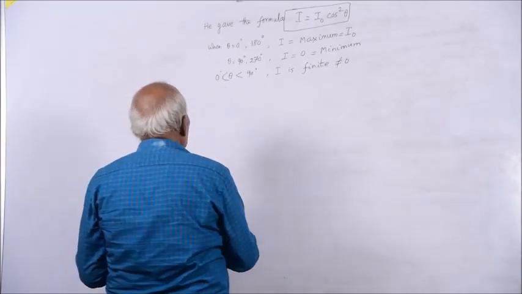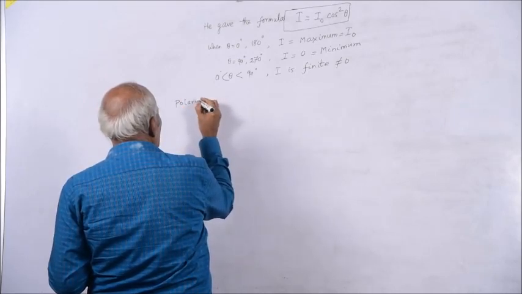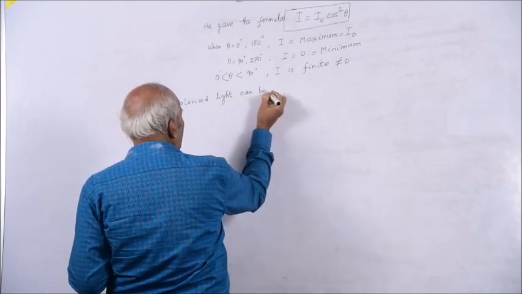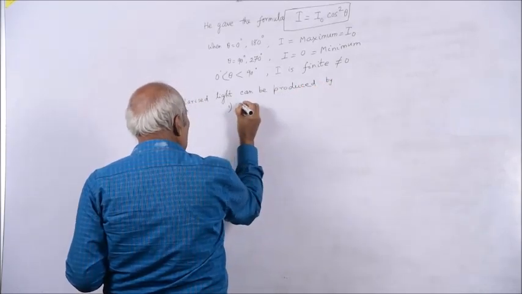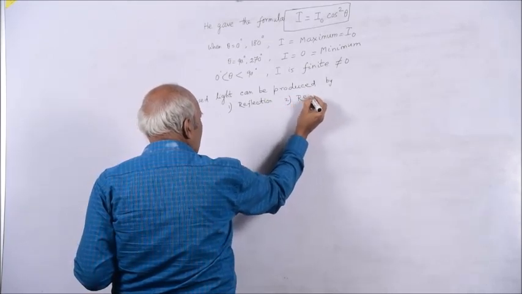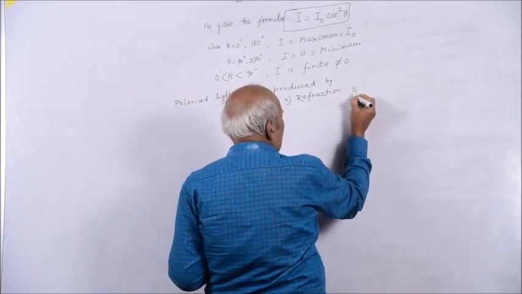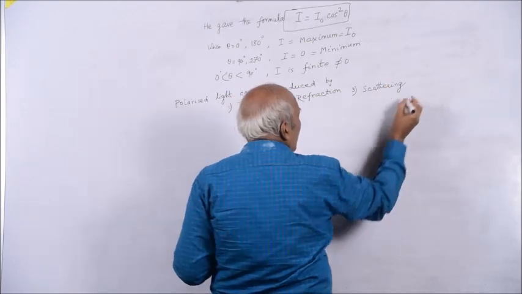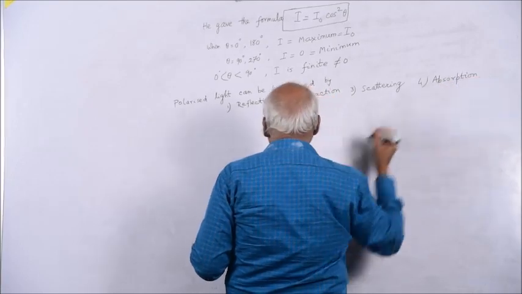So, polarized light can be produced by number 1 reflection, number 2 refraction, number 3 scattering, number 4 absorption. So, these are the methods.